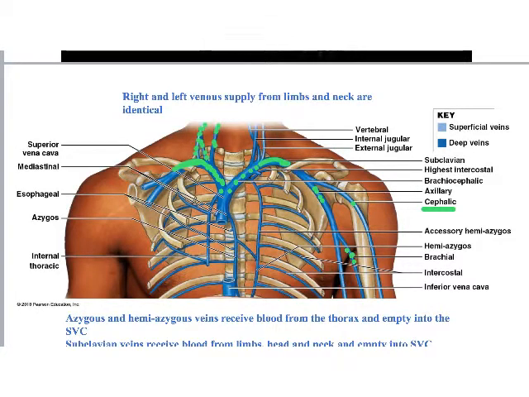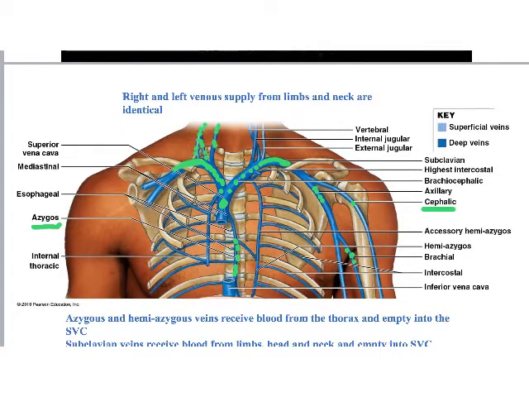A couple of other ones I just wanted to mention in the chest, because these are where the drainage from the trunk eventually ends up before it goes into the vena cava. So you've got the azygous vein and the hemiazygous vein. You see over here, azygous, and that's going to drain into the superior vena cava.